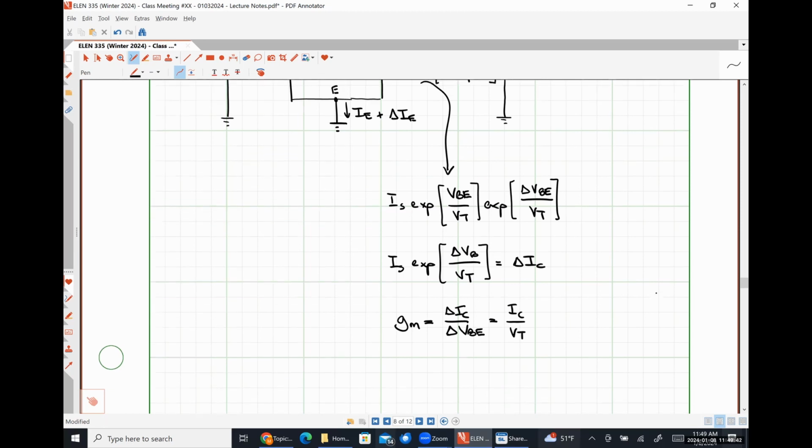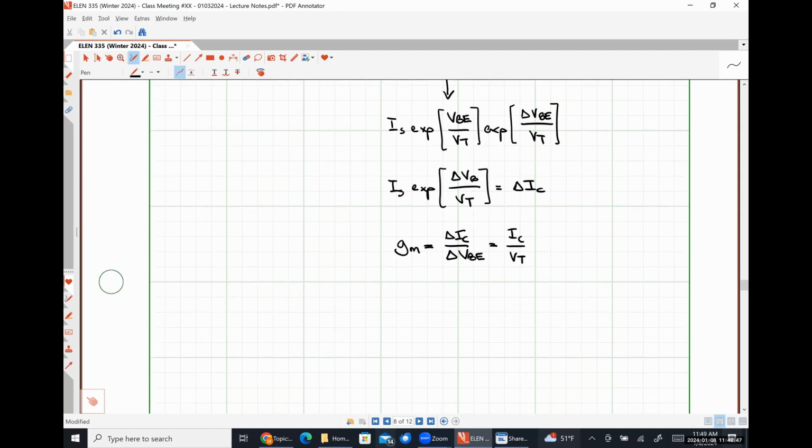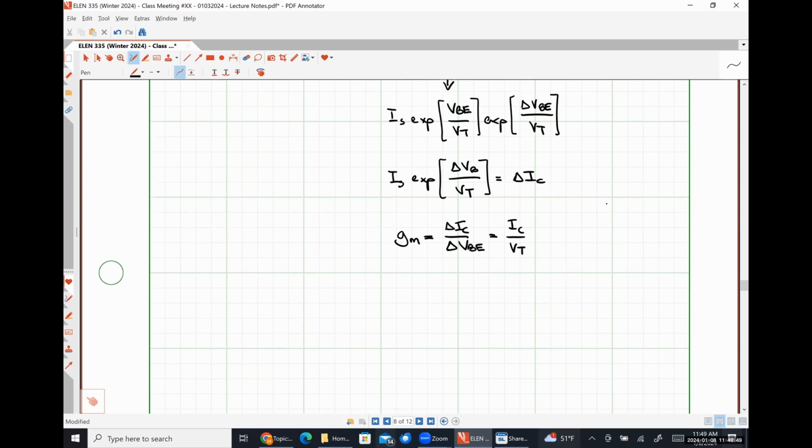So using this parameter, our small signal model is now going to look something like this, where here's our base terminal. I'm going to put this as a generic circuit element because I'm not sure what it's going to be just yet, across which we have some voltage delta VBE.